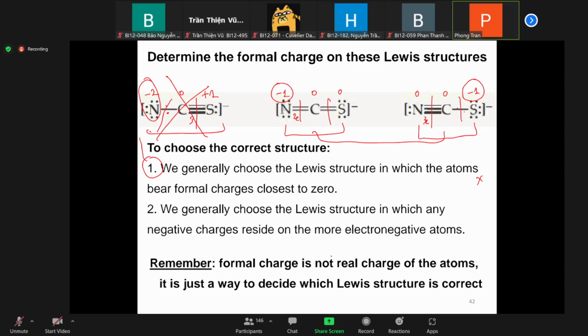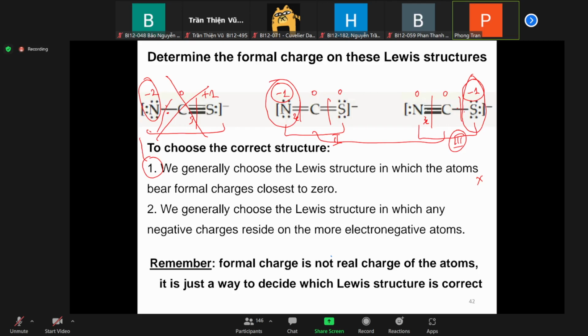We generally choose the Lewis structure in which any negative charge will reside on the more electronegative atom. So basically, the second and third structures have equal formal charge, -1 localized on the nitrogen in the second one, and -1 localized on the sulfur in the third structure.